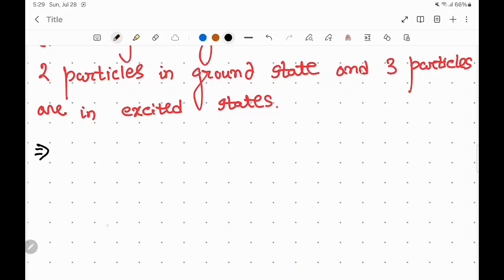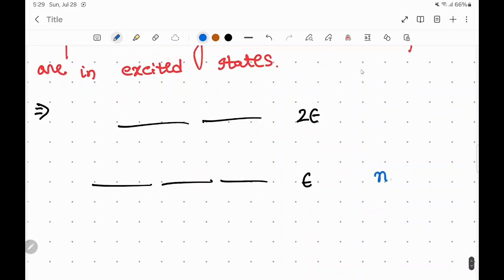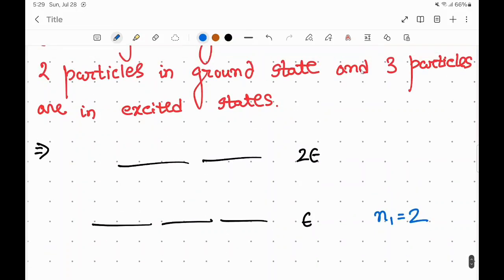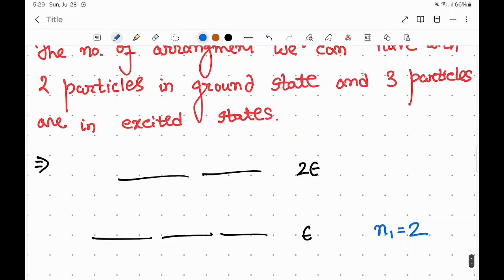There are two energy levels, right? For the ground state, the degeneracy is 3. For the first excited state, the degeneracy is 2. The energy of the ground state is epsilon, and the excited state is 2 epsilon. Now, two particles in the ground state, so N1 is 2. We don't know in which state it is, but although it is written state, as they are discussing degeneracy, it means the level.